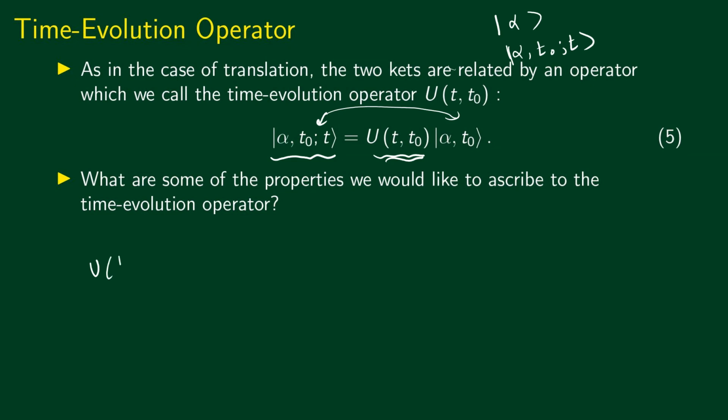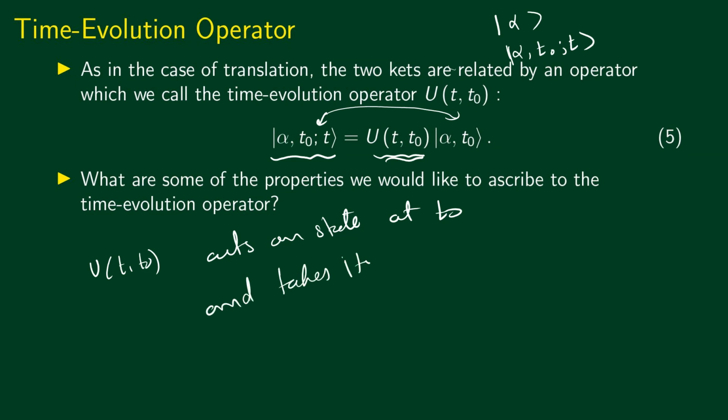So we say that U(t, t0) acts on the state at t0 and takes it to the state at some later time t.